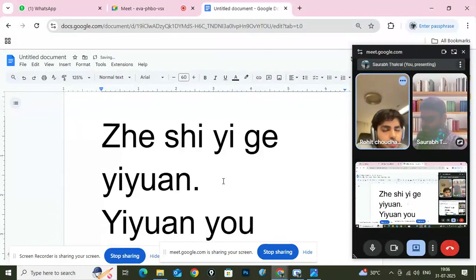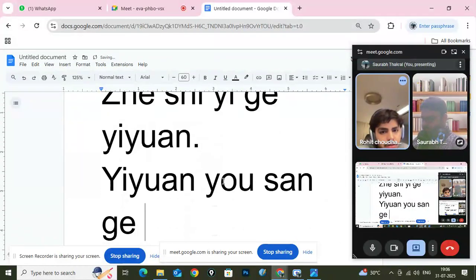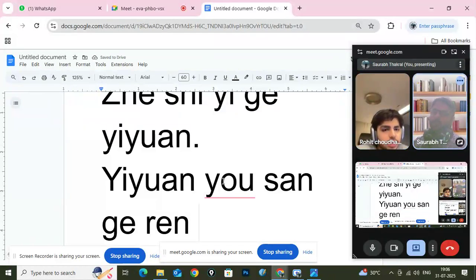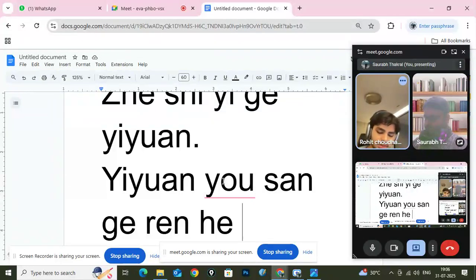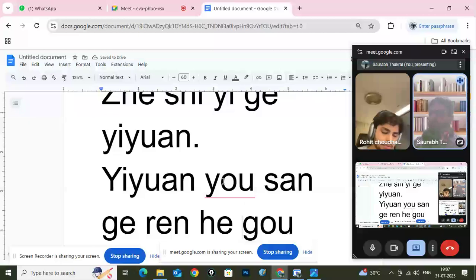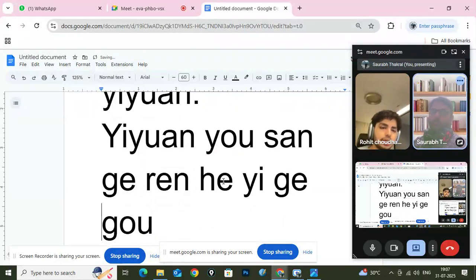And one dog. Gou is also okay, but better would be yi zhi gou. So Yiyuan you san ge ren he yi zhi gou.